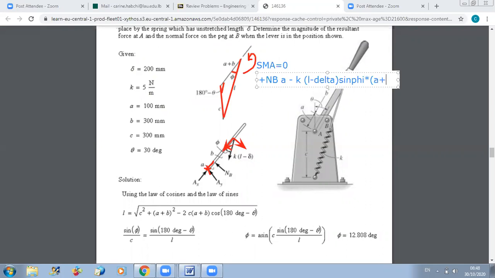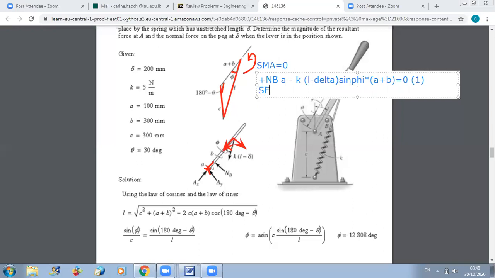Okay, and now this is equal to 0. I am done with equation number 1. This is equation number 1. Okay, now I can move to my other equations. My other equations will be sum of x equals 0 and sum of y equals 0.